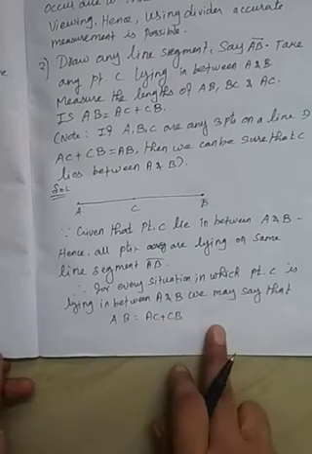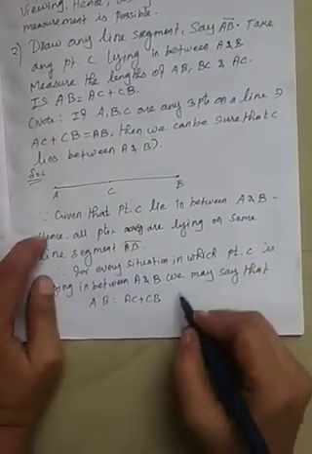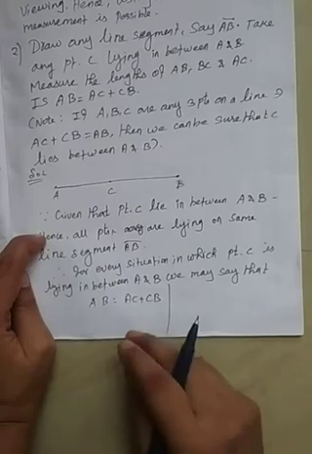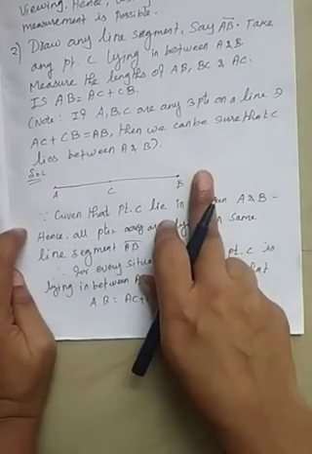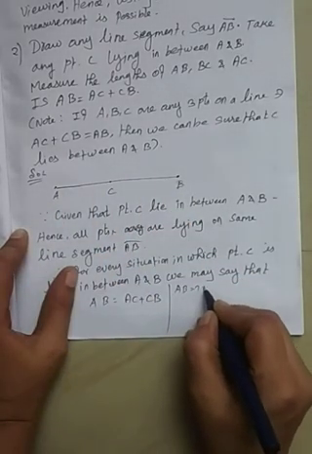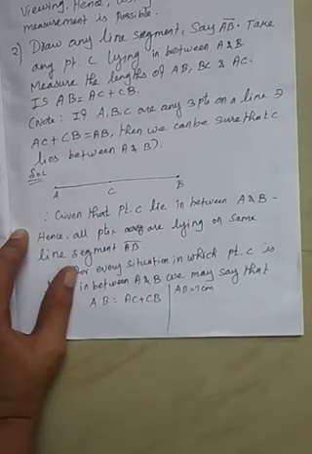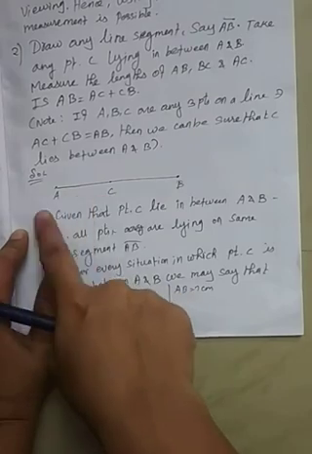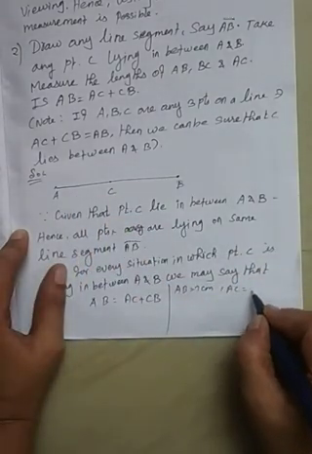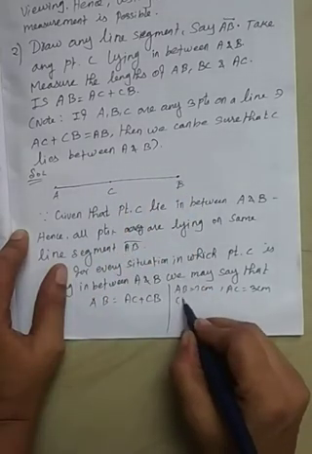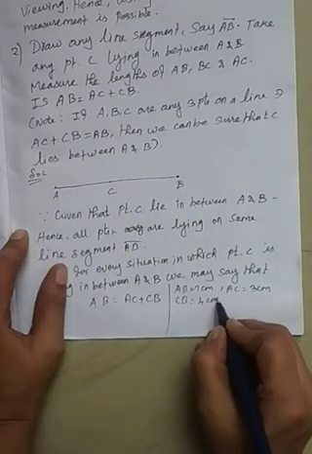Okay, everybody clear? If it is not clear, see one example. See here, AB is a line segment. Suppose AB equal to 7 centimeter, and C is a point between A and B. AC we can take 3 centimeter, and CB you can take 4 centimeter.